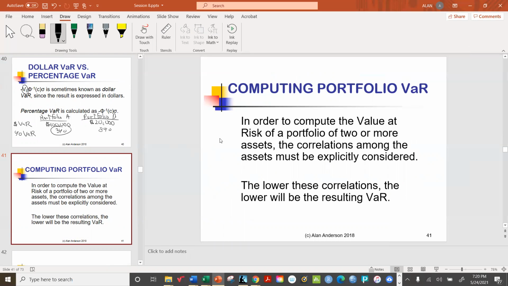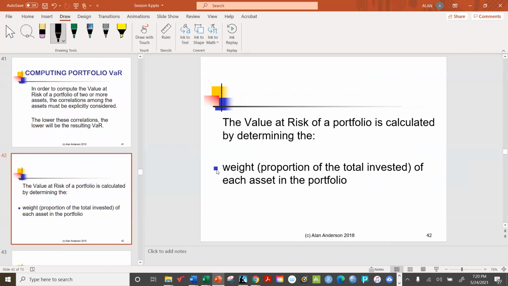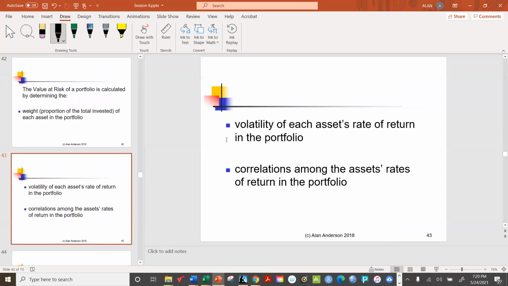Then what we're actually doing is calculating what's called portfolio VAR. Now, in order to do this, we need to know the weight or proportion of the total invested in each asset in the portfolio, the volatility of each asset's rate of return, and finally, the correlations among the returns in the portfolio.